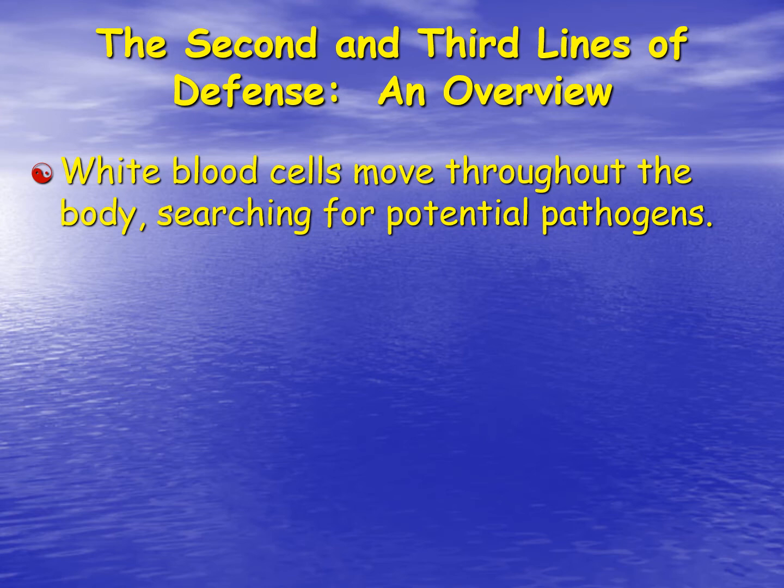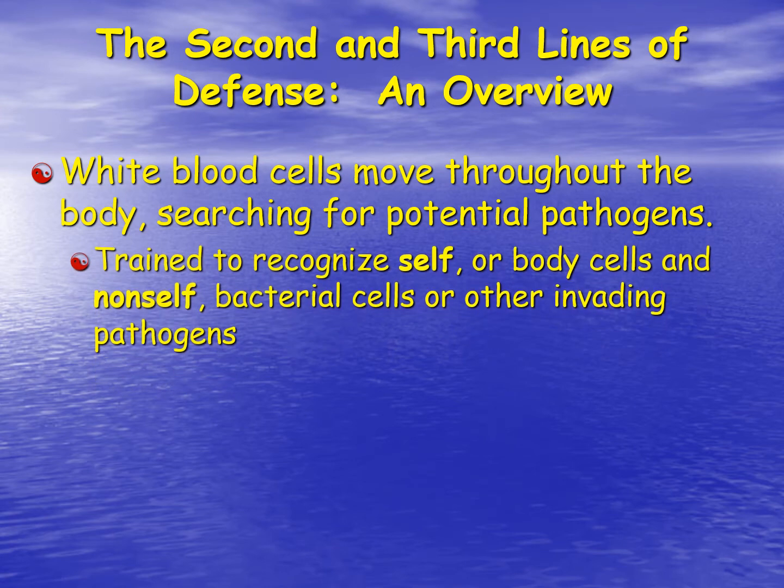White blood cells move throughout the body searching for potential pathogens, and there are a number of these. They are trained to recognize self and leave self alone, to recognize body cells and to recognize non-self cells that are either foreign or abnormal, and to get rid of those non-self cells.